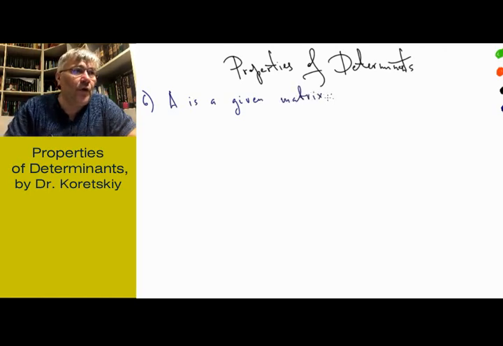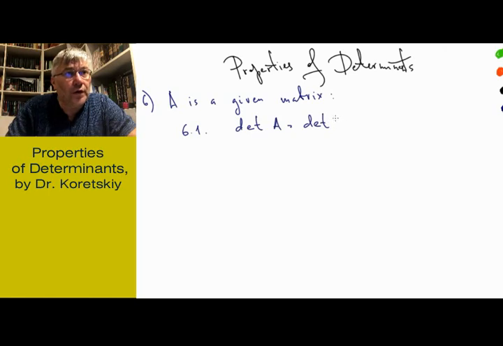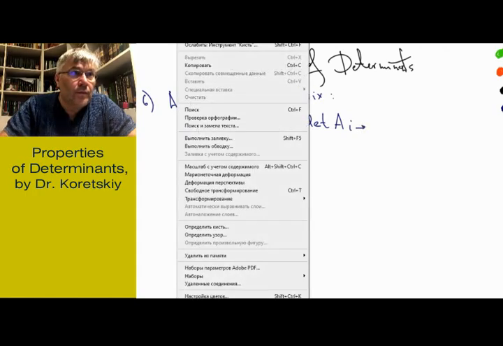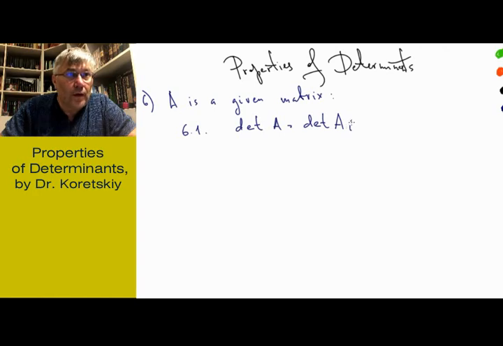Matrix. And here you have rule 6.1. The determinant of the matrix A equals the determinant of the matrix A with Ri plus or minus Rj.